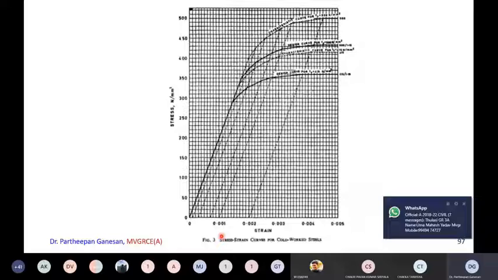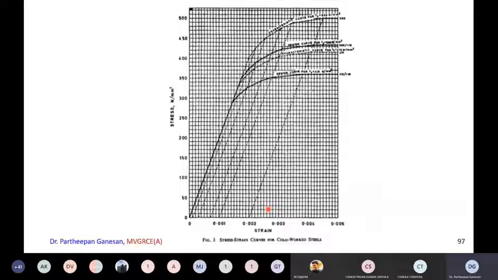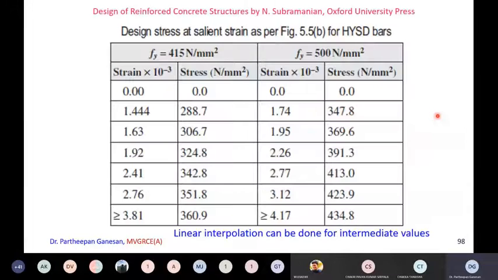So here, more detailed strain values and corresponding stress values you can find out. Or in a table also, in many books, the table is given: at 0 strain you have 0 stress. At a strain of 1.44 into 10 power minus 3, this is for Fe415, you have 288.7. Similarly, for all other values, you have strain values and corresponding stress values mentioned here, and this is for Fe500 steel.